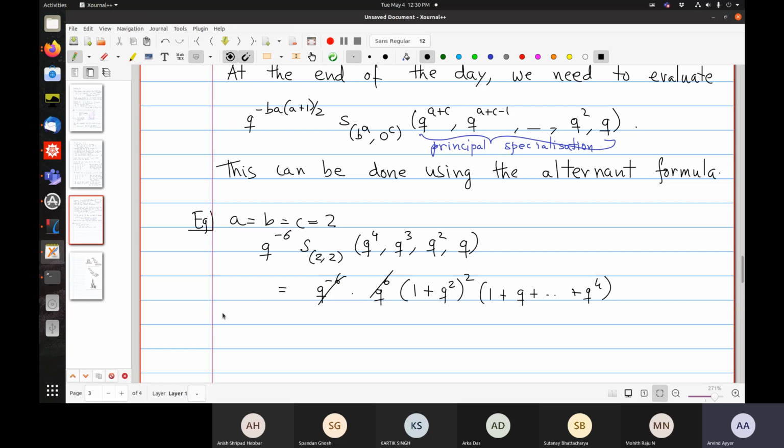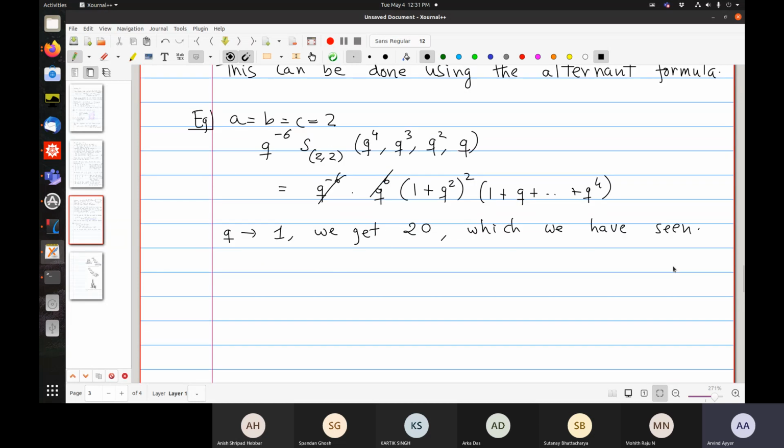And as q goes to 1, we get 2 squared times 5, which we have seen before. So here you should really interpret the Schur function as s of 2 2 0 0 in 4 variables.